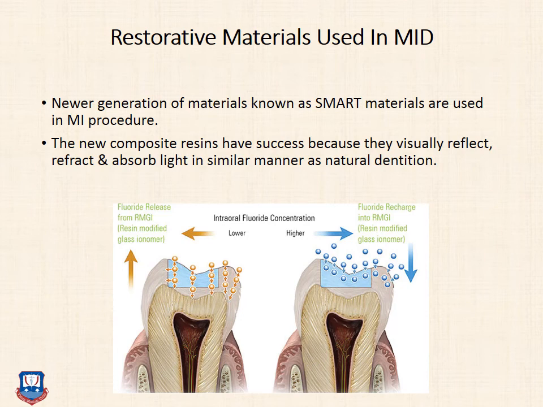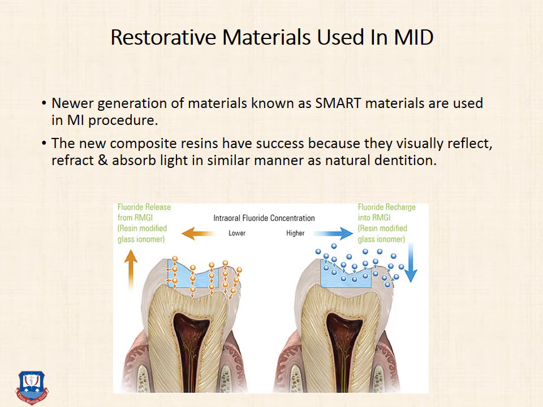As you can see in the picture, there is fluoride release from the resin modified GIC. If the intraoral fluoride concentration is low, there will be fluoride release from the RMGIC. If the fluoride concentration is high, fluoride recharges into the RMGIC.